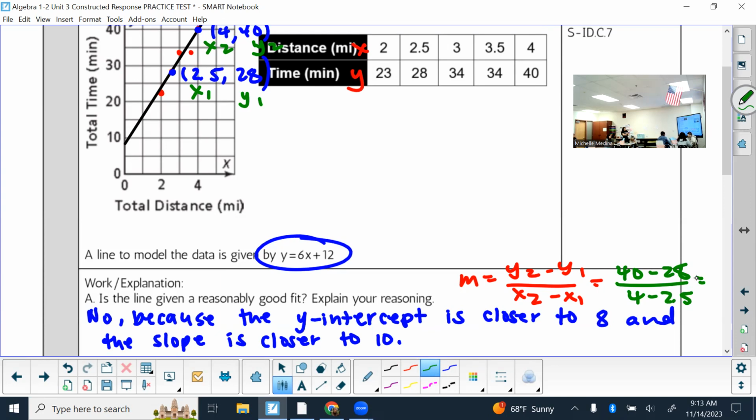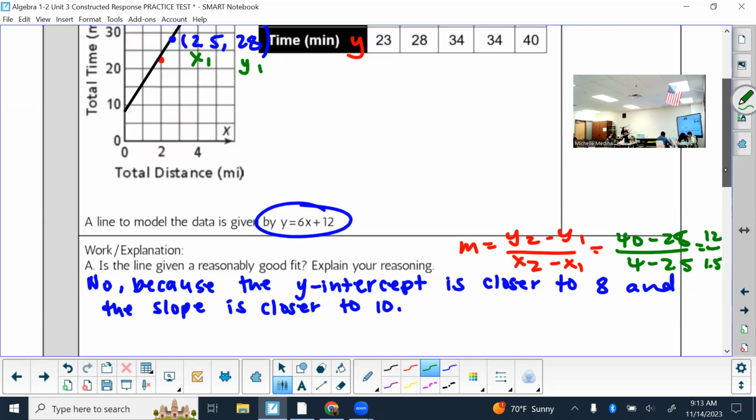So 40 minus 28 is 12, over 4 minus 2.5 is 1.5. So then you need to divide that out. 12 divided by 1.5, and you get 8. So yeah, the slope is closer to 8 as well.